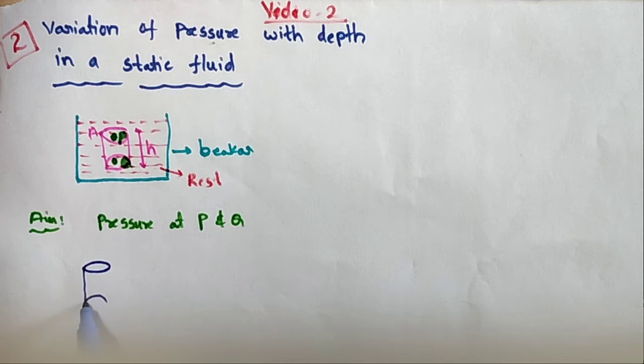This is a P point on one end surface, and this is a Q point on the other end surface.